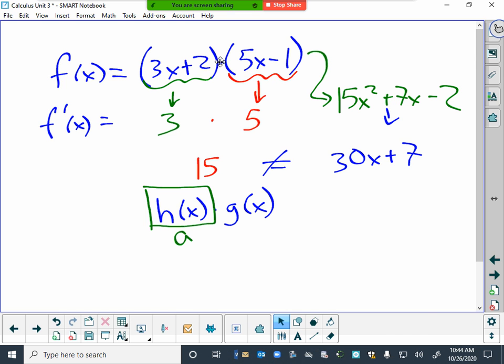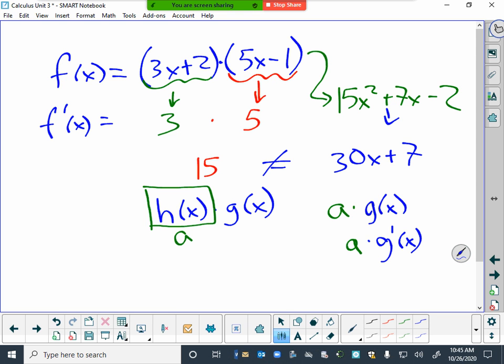If all I had was some constant a times g of x, then I know that this would just be a times g prime of x when I did the derivative. Each of these tangent line slopes is getting stretched vertically by a. Well, over here, it's the same kind of idea.